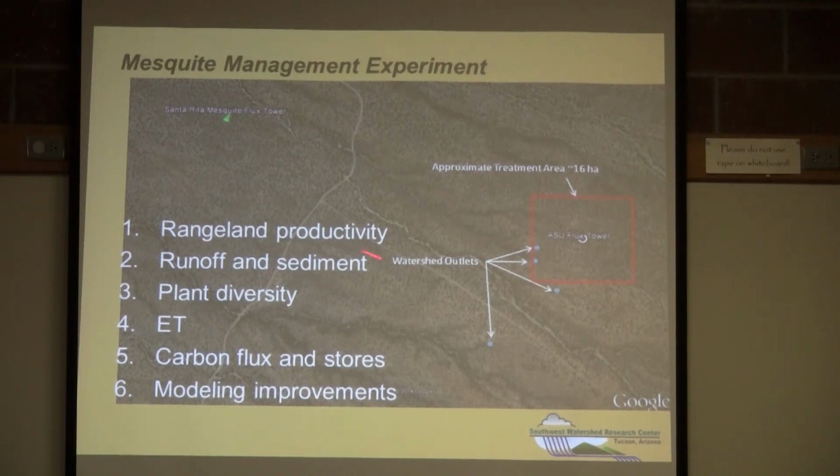That could be runoff and sediment, plant diversity or some metric of biodiversity, evapotranspiration, carbon fluxes and stores, and also trying to improve our models to better assess what brush management might be doing for more than just productivity, but also on this other suite of ecosystem services. Just a little advertisement there for something that we're hoping to gear up for within the next 5 years.